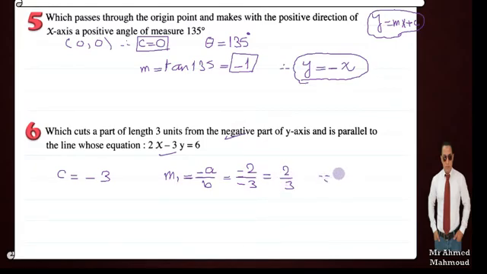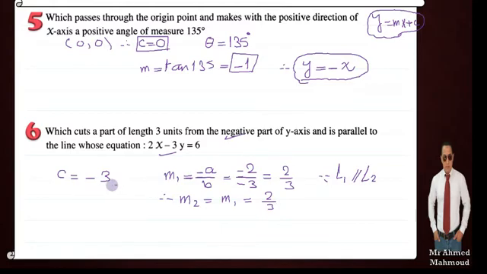Since L1 is parallel to L2, where L1 represents the given line and L2 the required line, therefore m2 equals m1, equals 2 over 3.